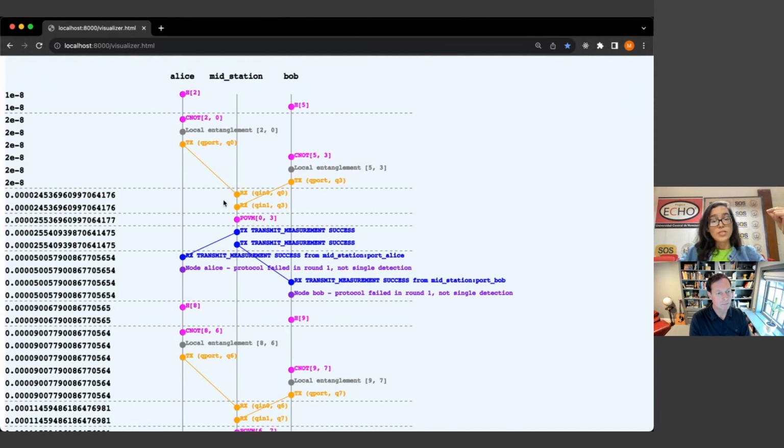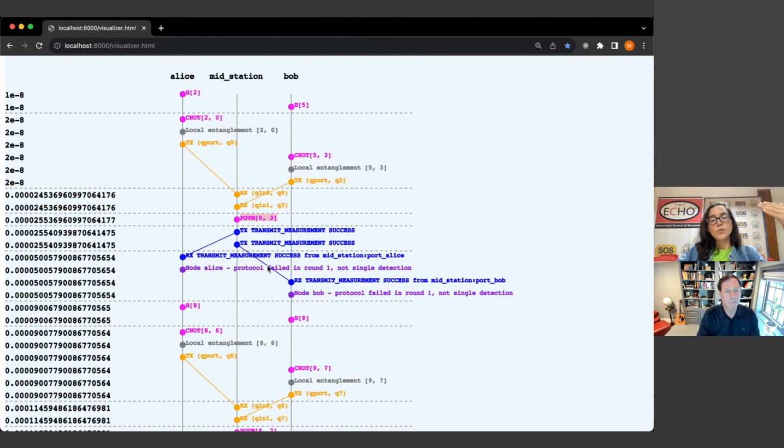The mid-station receives the qubits here, and then it is applying the Bell state measurement. And then the results from that measurement are being sent back to Alice and Bob, as we see here in these blue lines. And then here we've got a message saying that the protocol failed in round 1, meaning that we didn't get any detections in the beam splitter detector.